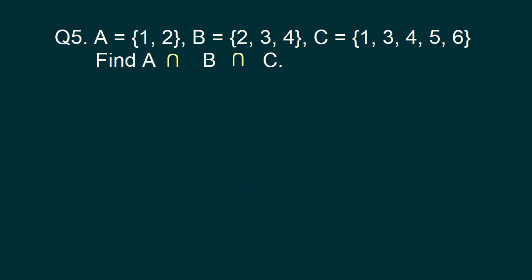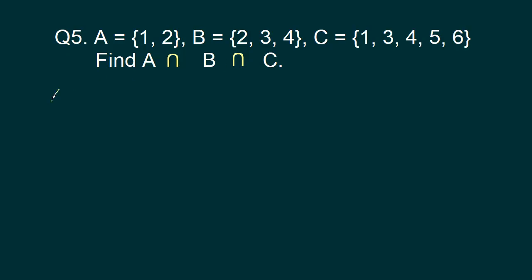Now finally, let's take a look at intersection of three sets. So here we have been given set A as 1 and 2, set B contains elements 2, 3 and 4, and C contains elements 1, 3, 4, 5 and 6. So how do we solve A intersection B intersection C?